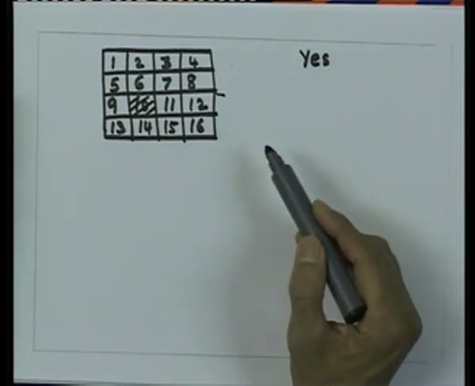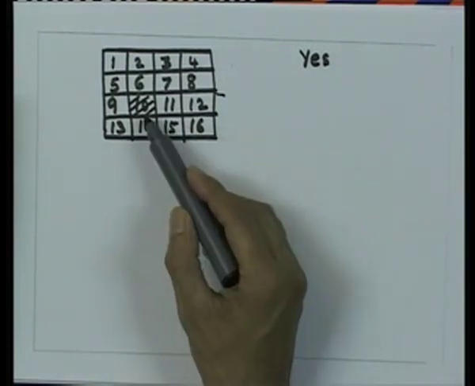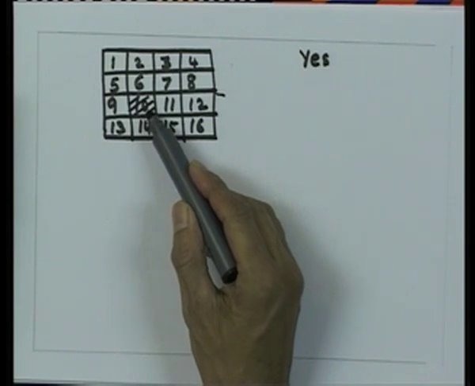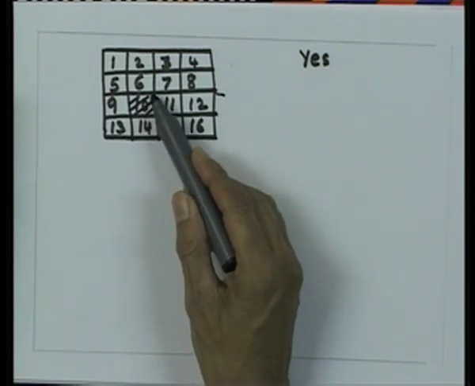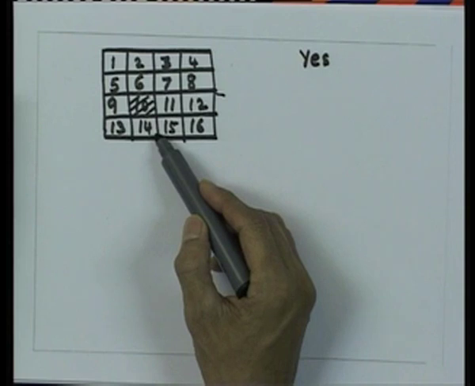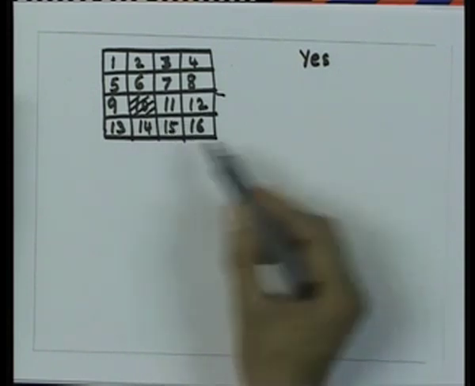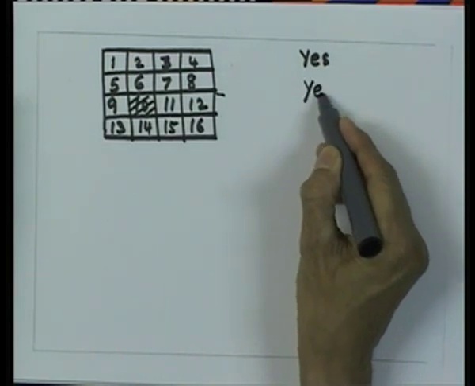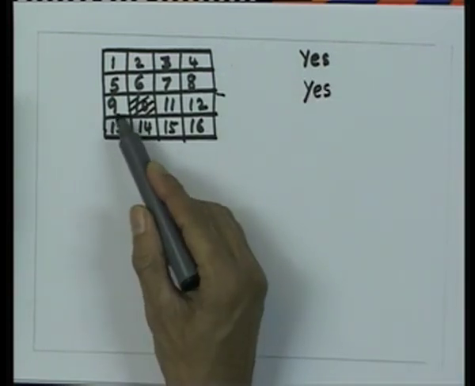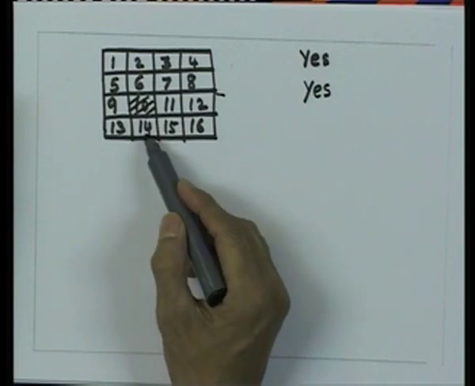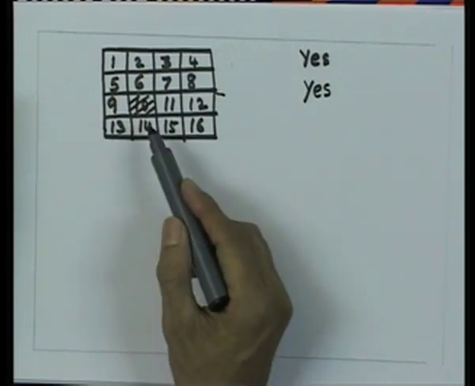Now, the next question which I can ask is, is the marked grid lying on the left of the remaining 8 regions? The answer would again be yes. So, I know that it is between 9, 10, 13, 14, either one of these.